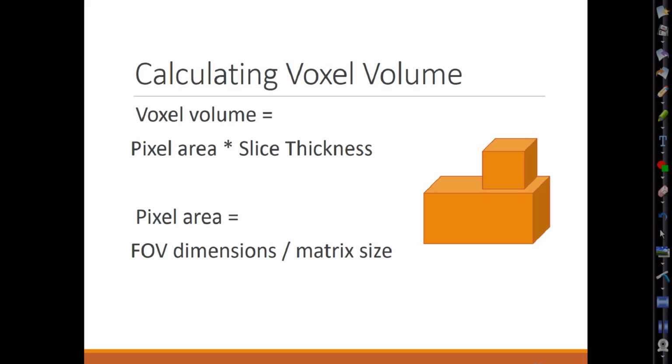If you only have one side, your answer is going to be in units of millimeters. If you had phase and frequency, your answer is going to be in millimeters squared. Your voxel volume is always going to be in units of millimeters cubed. There are three dimensions.